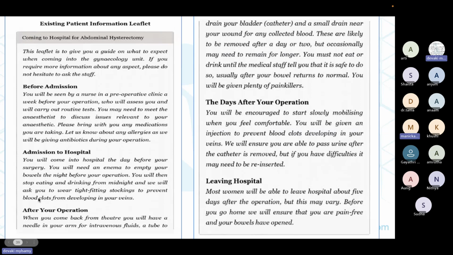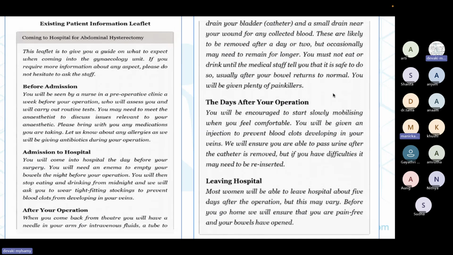After your operation, they had mentioned the points which has mentioned here, they will be intravenous fluid, catheter, tubing, which will be there. Yes, they will be there, but that needs to be removed as early as possible. That is decannulation, encourage hydration, encourage early mobilization, and we need to give them adequate pain relief, but avoid opiates.